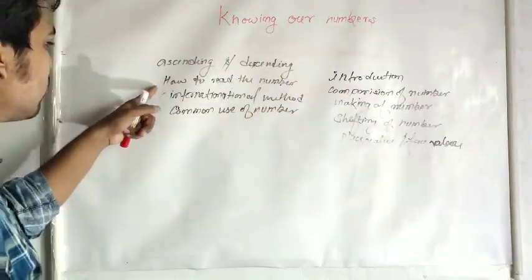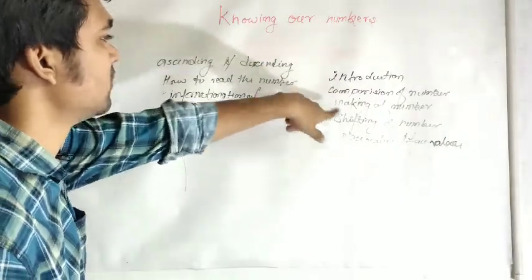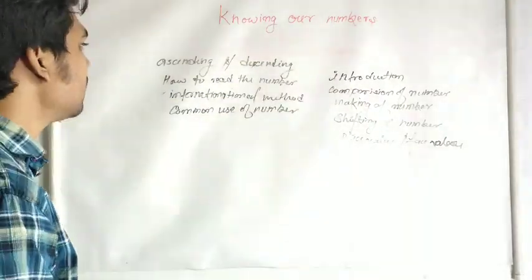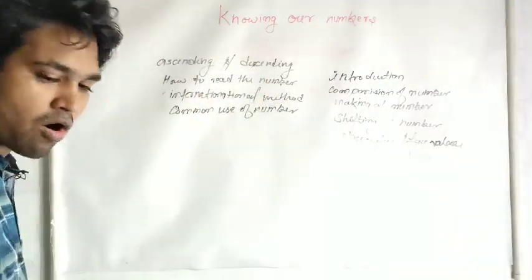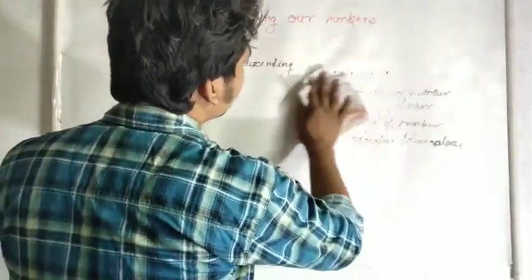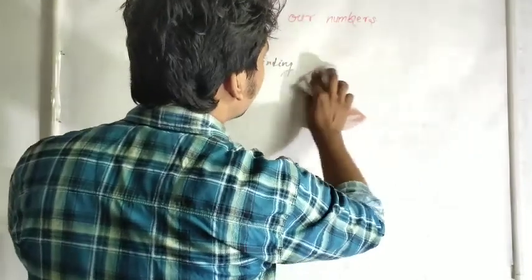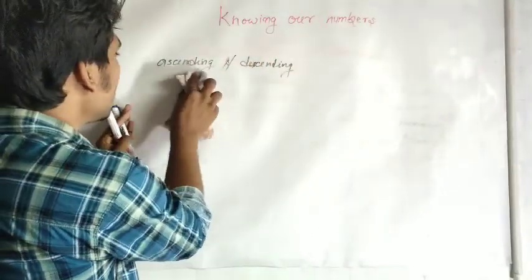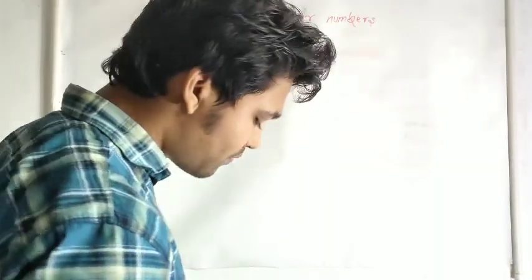So these 4 points we will discuss today, and the rest of the points have already been discussed in lecture number 1. So we will start with ascending and descending order. Friends, if you remember, we have already discussed the comparison of numbers.